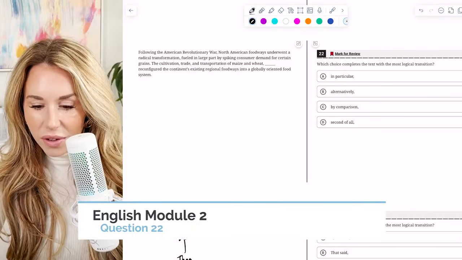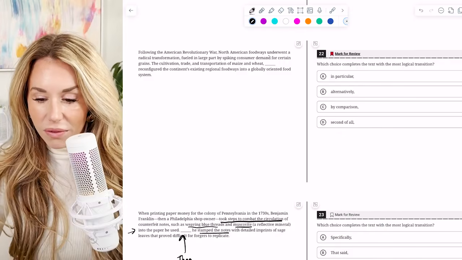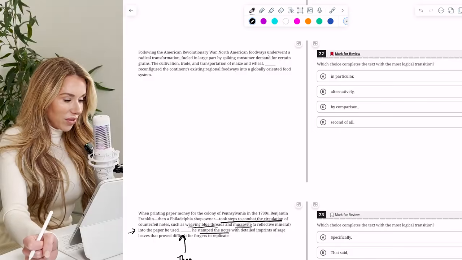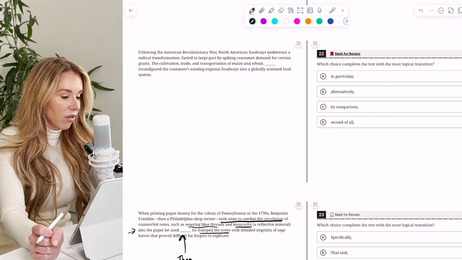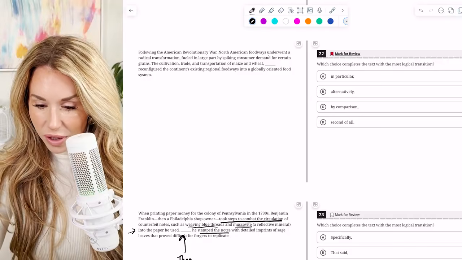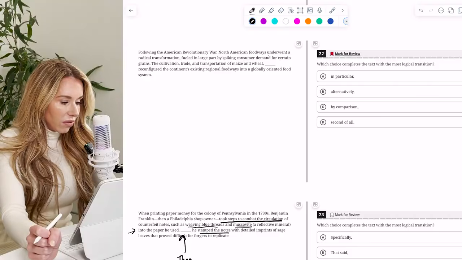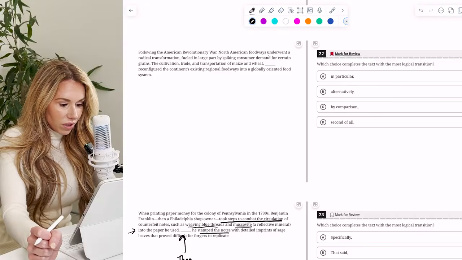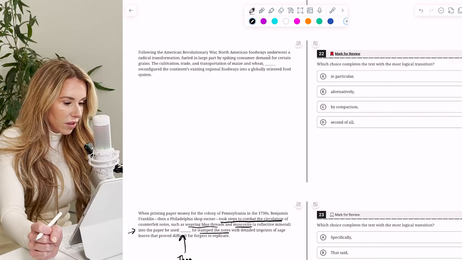Okay, we have, following the American Revolutionary War, North American foodways underwent a radical transformation, fueled in large part by spiking consumer demand for certain grains. The cultivation, trade, and transportation of maize and wheat, blank, reconfigured the continent's existing regional foodways into a globally oriented food system.